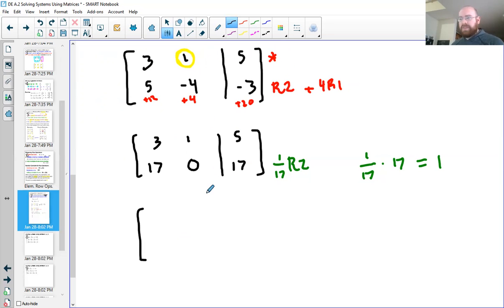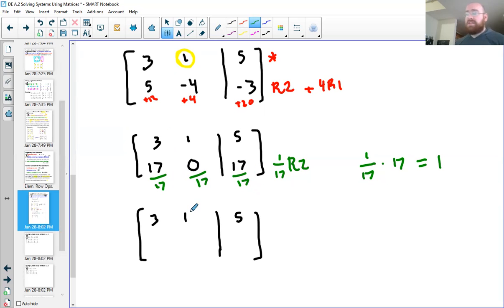It's just staying the same. So we have 3, 1, 5. And if we wanted to continue this over here, we could just divide all of our numbers. Of course, when you're writing 17, you should be careful not to write 12 instead. So we're dividing each number by 17. So when we get to our next matrix, we'll have 1. 0 divided by anything is still 0, and then 1.